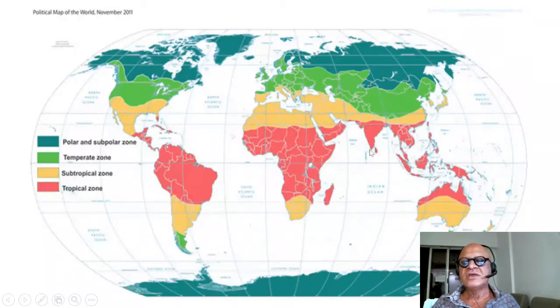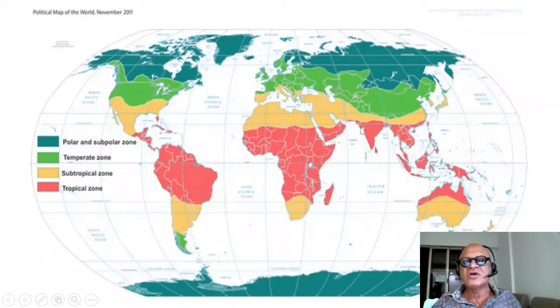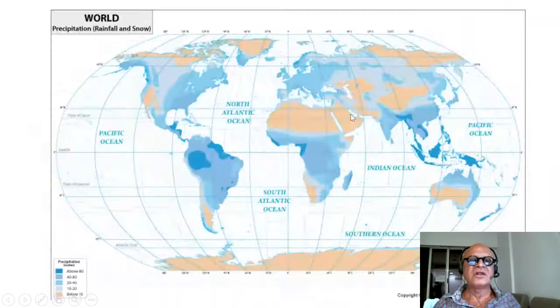So you can see where the rainforests are and where the warm temperatures are, but also where the Hadley cell sinks and creates the desert. So there are deserts here. Because of the monsoon, the deserts move northward, and India actually gets the monsoon instead of being largely a desert. The desert is only in the northwestern part.